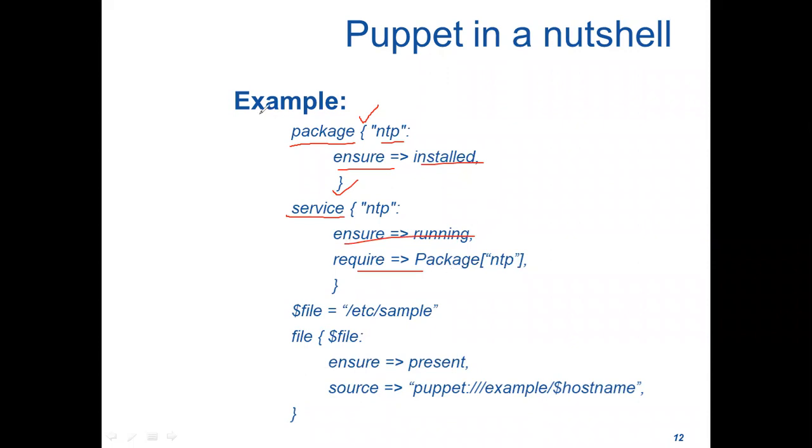Now in Puppet, because this is a parameterized class, I can recall this entire block. So what I'm saying here is that if the package is not installed, you cannot start the process. So I'm saying that the dependency for this service is this.